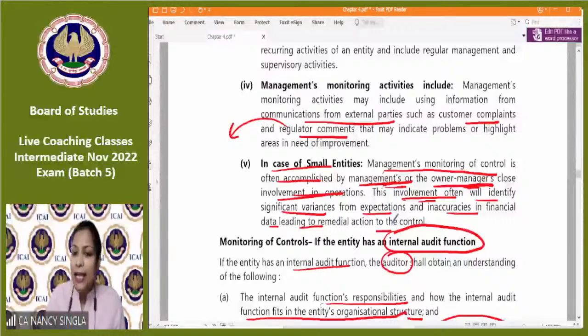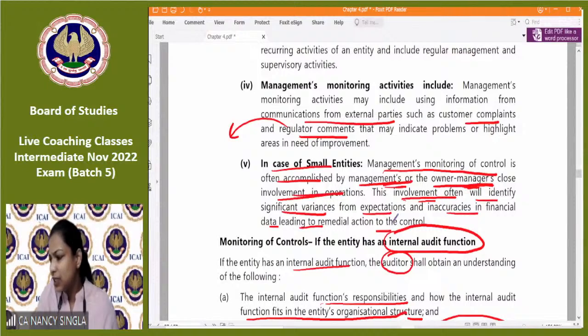Such involvement will identify any significant variances between the expectations, and remedial action can be taken by the owner-manager then and there. Okay? Is it clear, Hiral? Okay. Sri Nagalakshmi, whether your doubt is clear or not, please tell me.